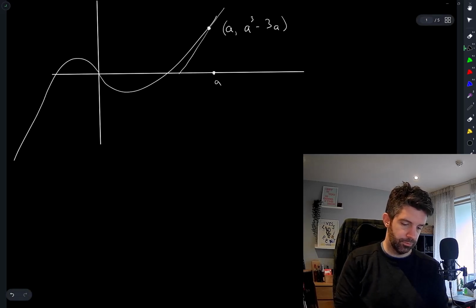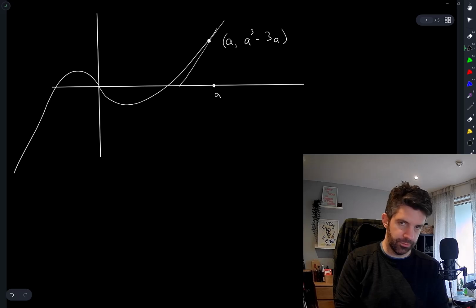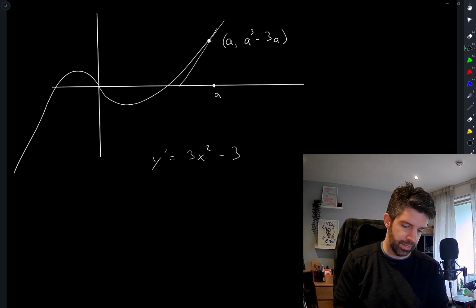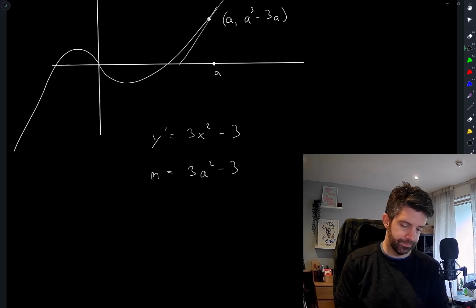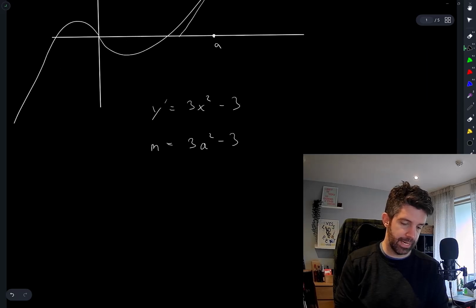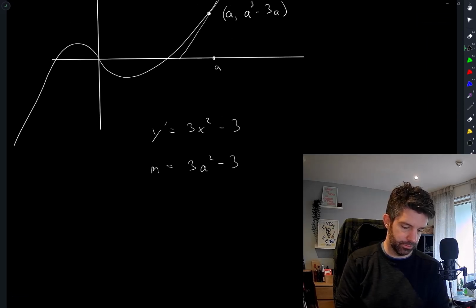Okay, so for the slope, let's first take the derivative of this. y prime is equal to 3x squared minus 3. So the slope, let's call it m, is equal to 3a squared minus 3. And so the equation of the tangent line is (y minus a cubed plus 3a) divided by (x minus a) is equal to 3a squared minus 3.